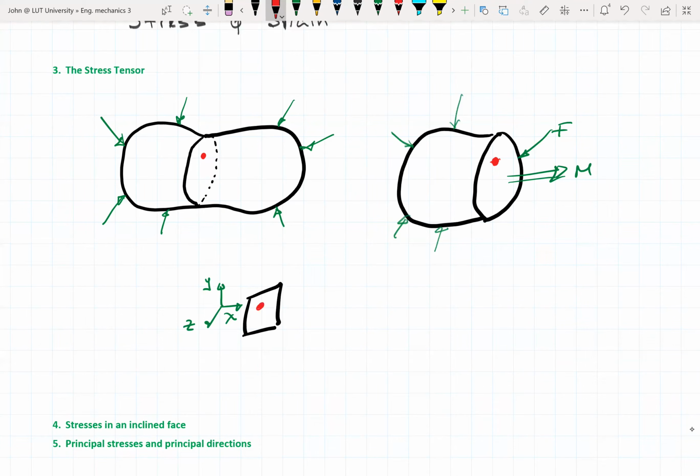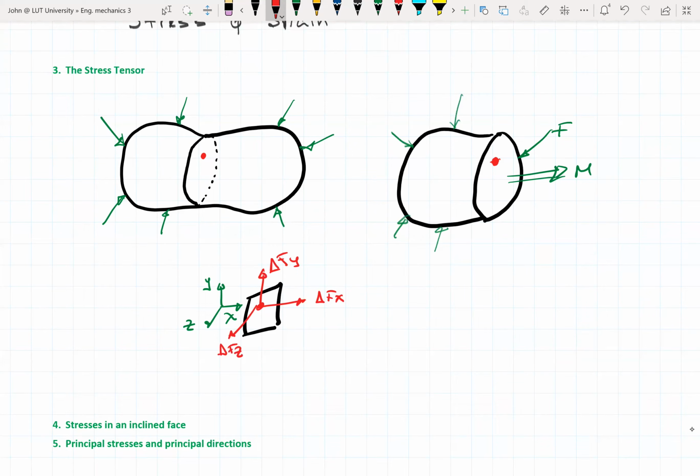But this force can be divided into its Cartesian components. I'm going to have a force here. Actually, I'm going to write it delta fx, delta fy, and delta fz.